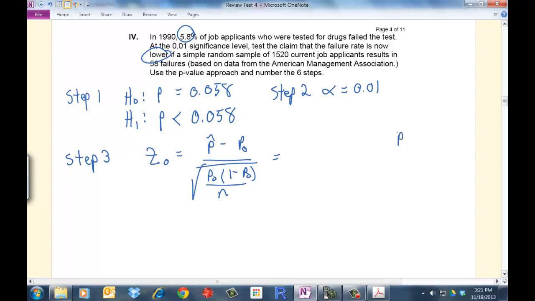P hat is x over the sample size. So 58 over 1520. And that gives us 0.038. And of course p0 is our standard 0.058, that's the 5.8%, and our sample size is 1520. So let's plug in.